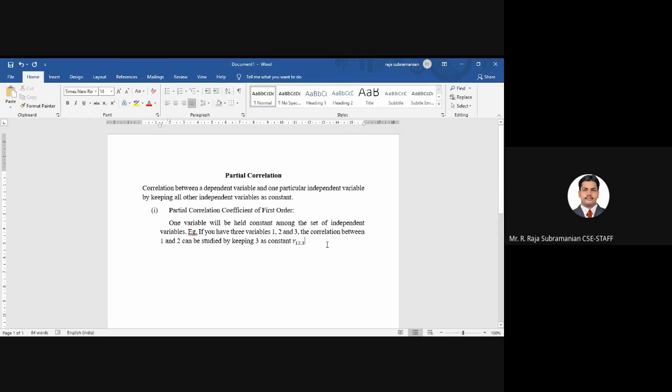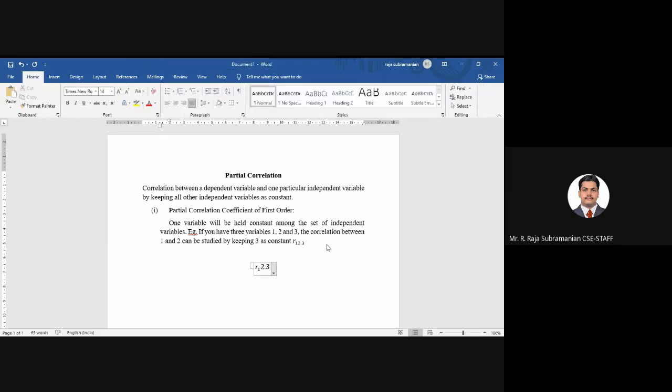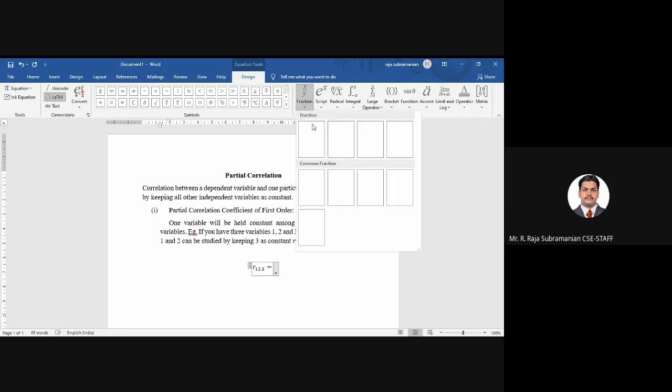Can anyone say what is the formula for this r12 dot 3? Anyone? If you remember, can you say what is the formula for r12 dot 3? No one remembers? Square root of, let me take the division away.